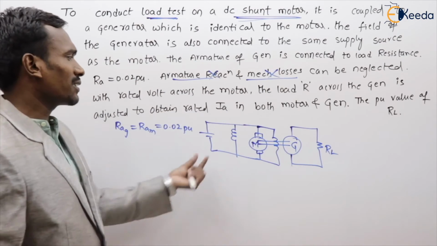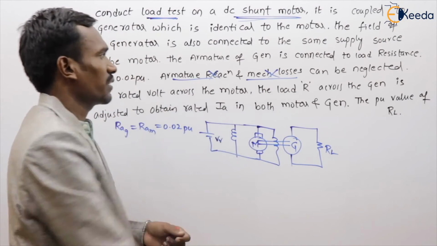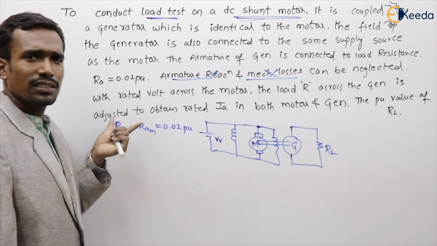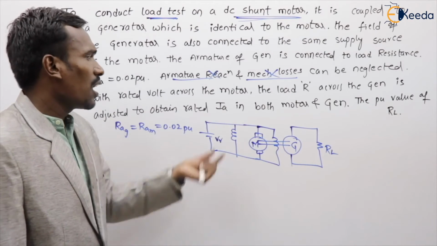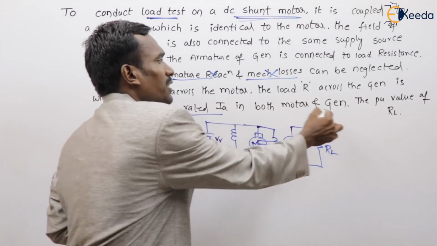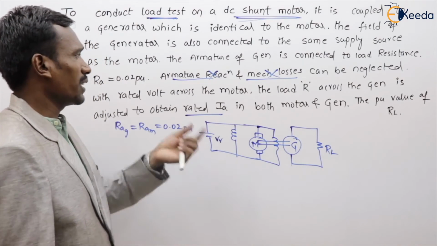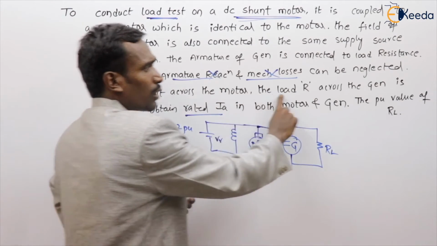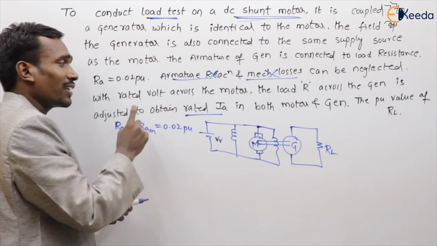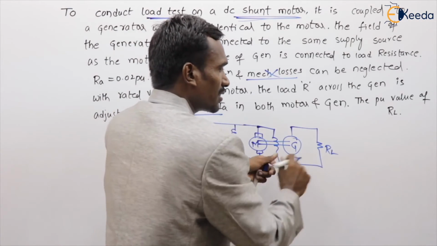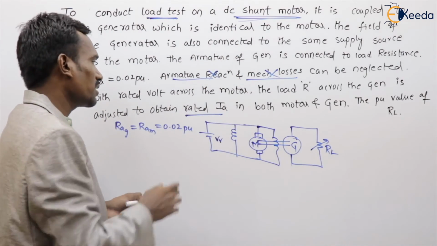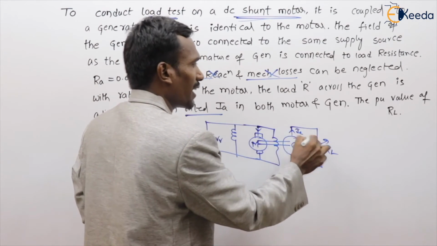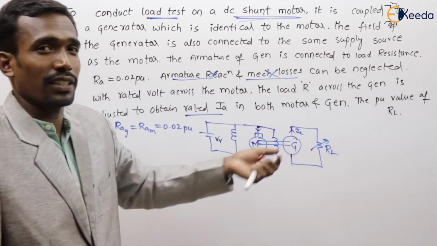With rated voltage across the motor, the load resistance across the generator is adjusted to obtain the rated armature current in both the motor and the generator.